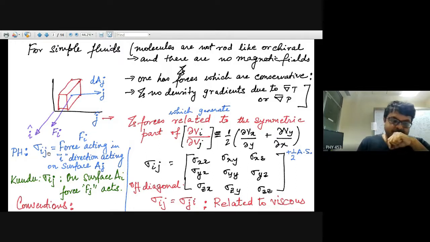For simple cases it actually doesn't matter, and the reason you will know in some time. Whereas in Kundu, when sigma ij is written, it says on surface AI, force J acts. So the definition of this stress tensor is different in the two books, but it really doesn't change the mathematics much. I'm just telling you so you don't spend time unnecessarily getting confused.